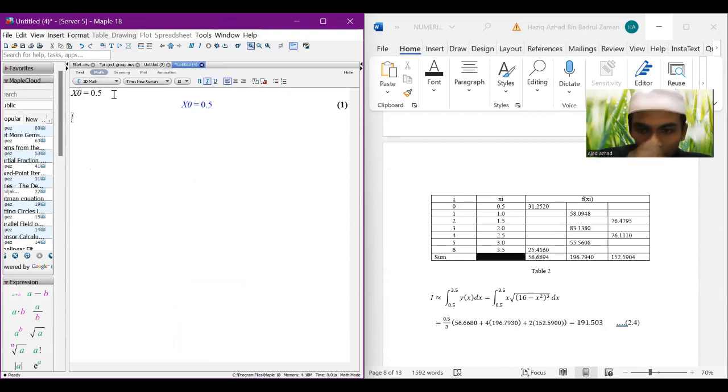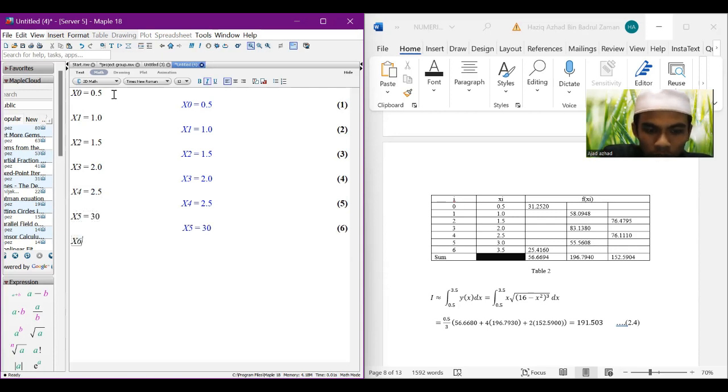We need to set up the values, and x1 equal to 1.0, x2 equal to 1.5, x3 equal to 2.0, x4 equal to 2.5, x5 equal to 3.0, and lastly x6 equal to 3.5.